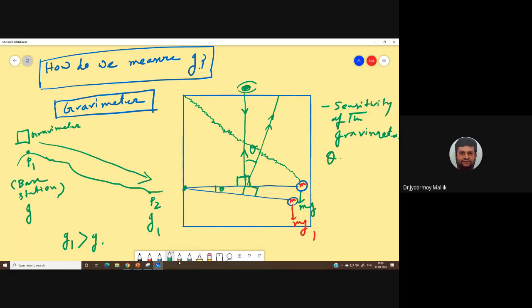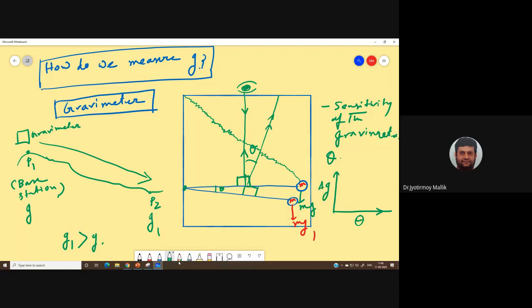With respect to your instrument, it is a calibrated instrument. So you already have a pre-prepared graph where you have plotted theta against delta g.